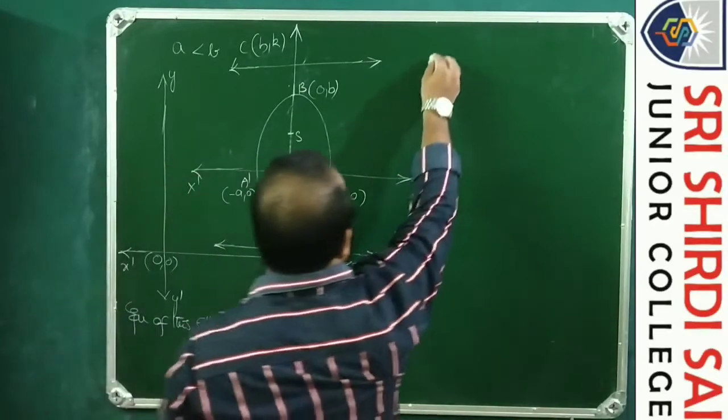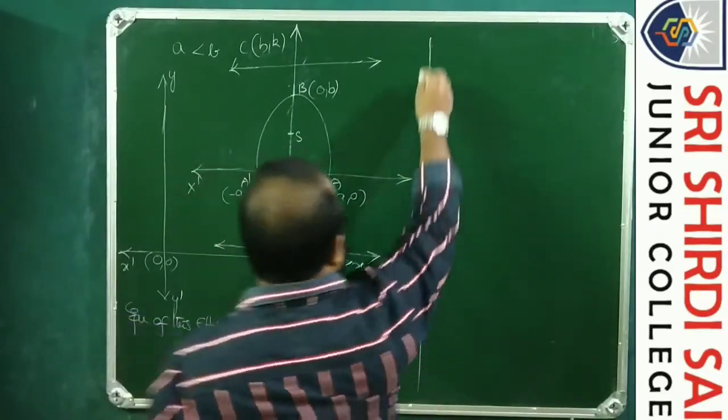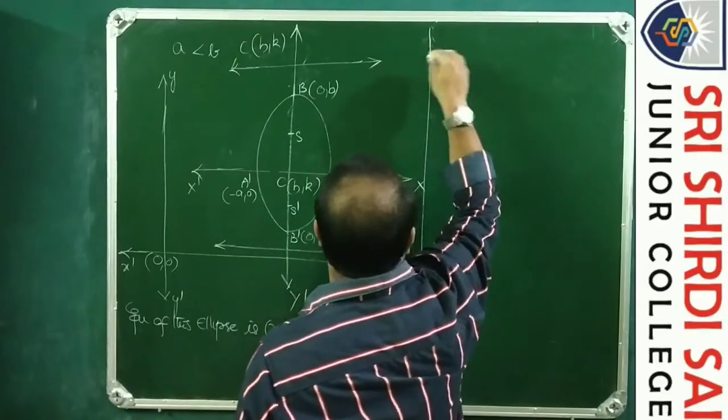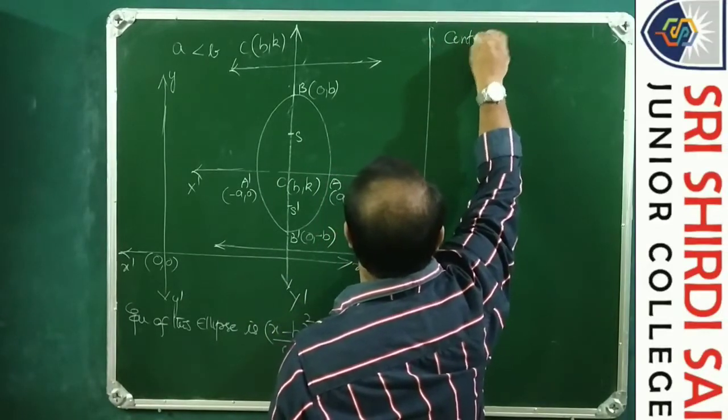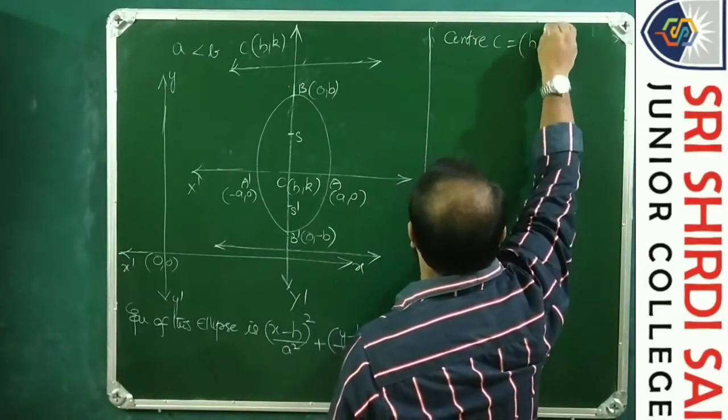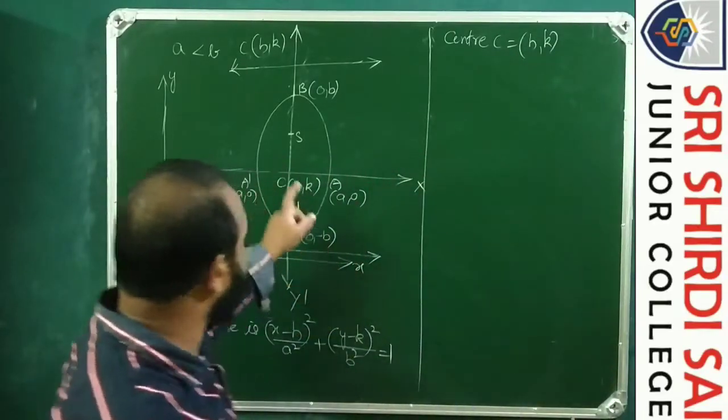Now here the center C is h comma k, other than the origin.